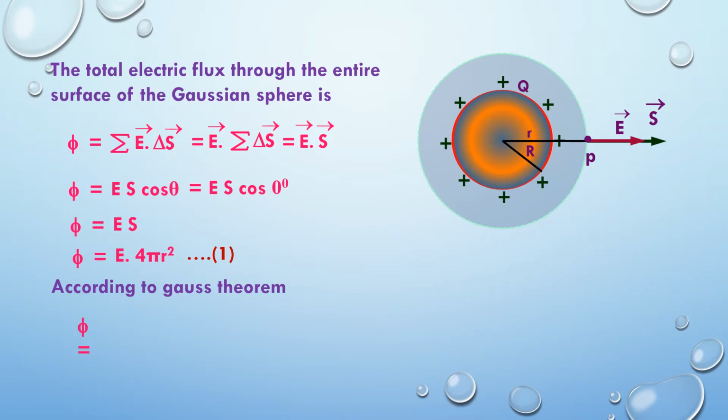According to Gauss theorem, flux is equal to 1 upon epsilon naught times the total charge enclosed by the Gaussian surface. Let us call this equation 2. Please make sure that this equal to is in between them, a small typing mistake over here.